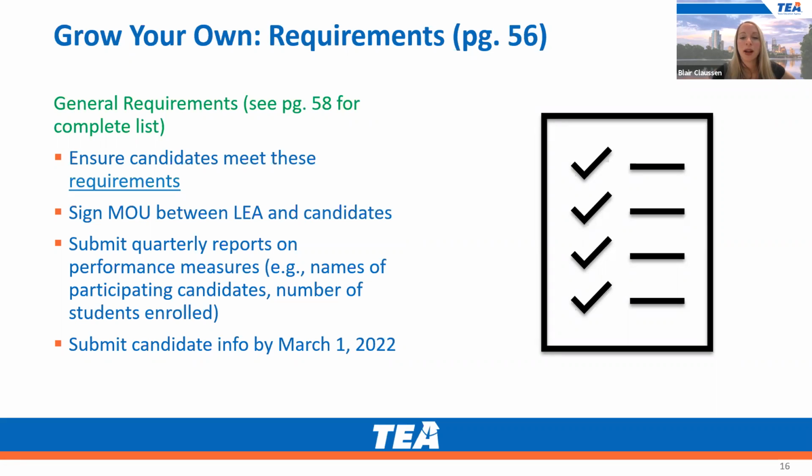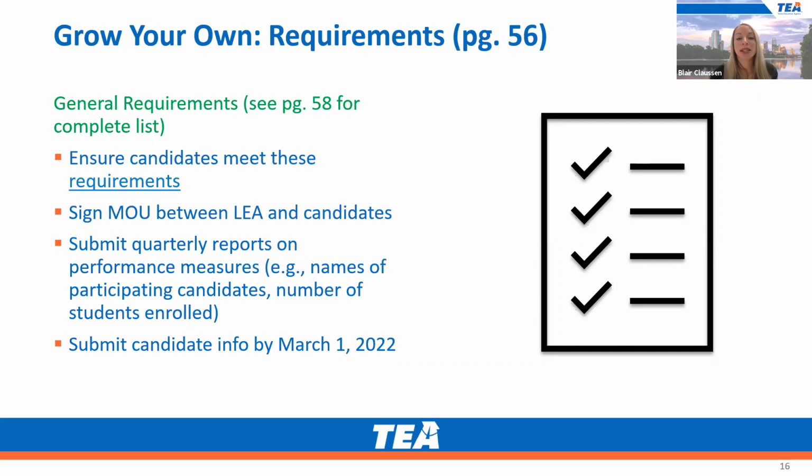First, we do have a list of candidate requirements for both paraprofessional candidates and the education and training teachers who will be receiving those stipends. All candidates should meet those requirements, and we'll be asking the district to submit a list to us on March 1st, 2022.